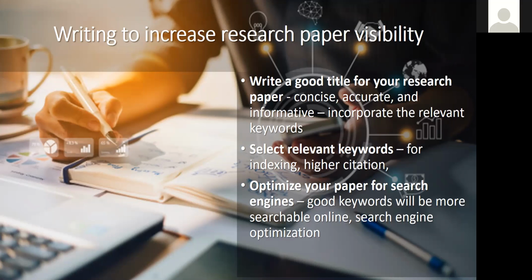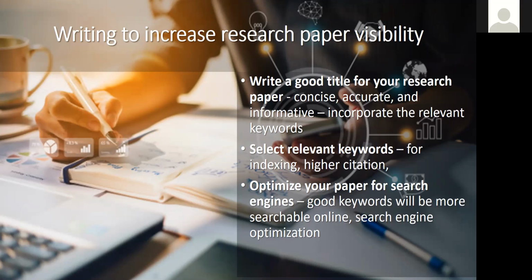Next, select relevant keywords for your research papers. Having good keywords will help others find your research quickly and accurately. Just think of these keywords as labels for your article. When you submit your article, you will normally be asked to provide these keywords, and they will be used to index your article on search engines such as Google Scholar.